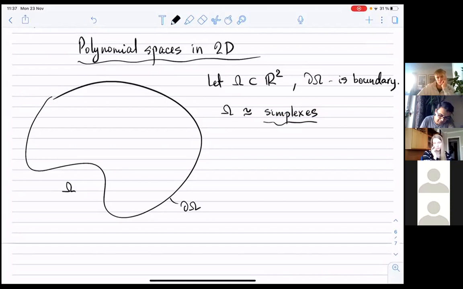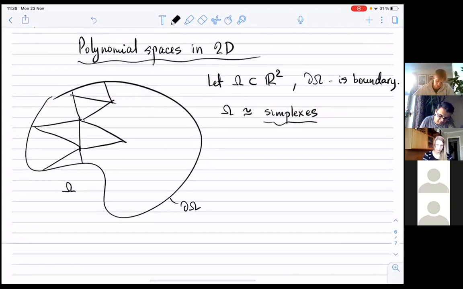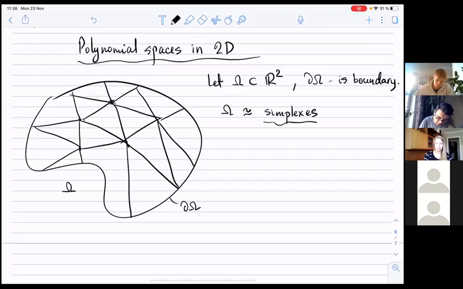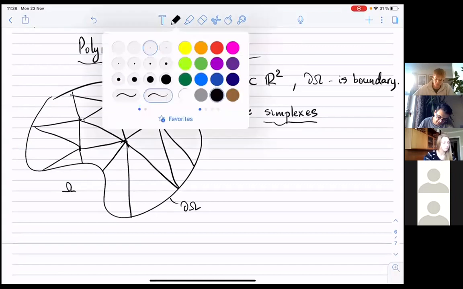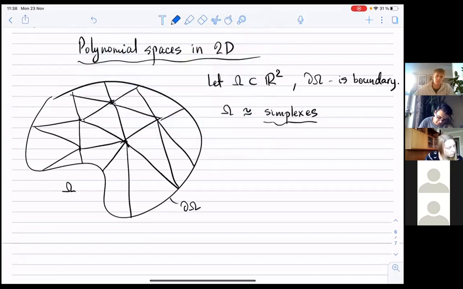We split the domain by a finite number of these triangles, and these triangles are called simplexes. You see that on the boundary there's a little bit of curvature. That's totally okay; you can allow that.